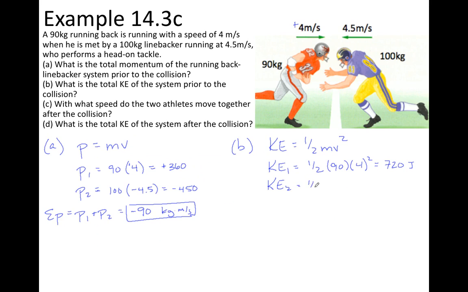The defender, who has a mass of 100 kilograms and is moving with a speed, not a velocity, a speed of 4.5, he has 1,012.5 joules of kinetic energy, and we can add that up to find the total kinetic energy of the system is 1,732.5 joules.